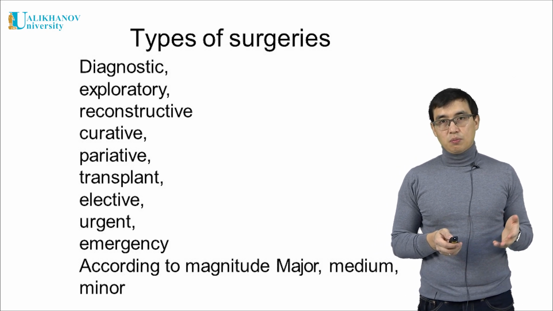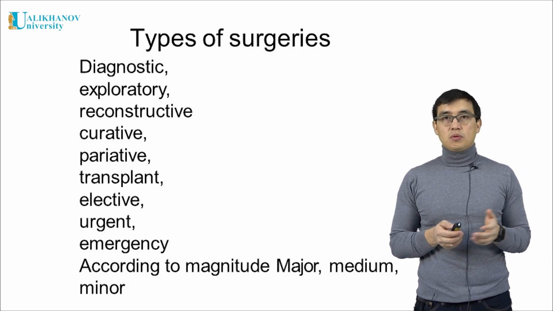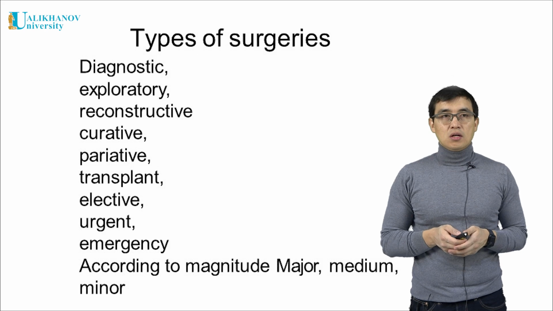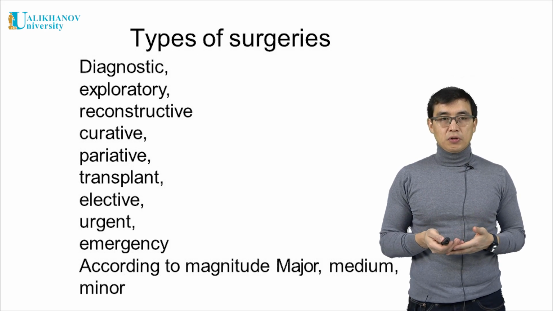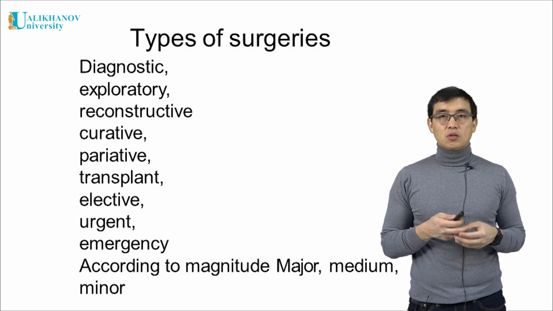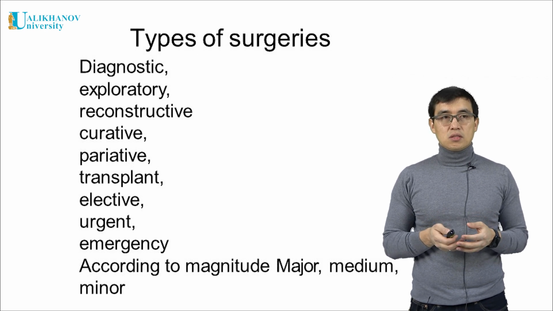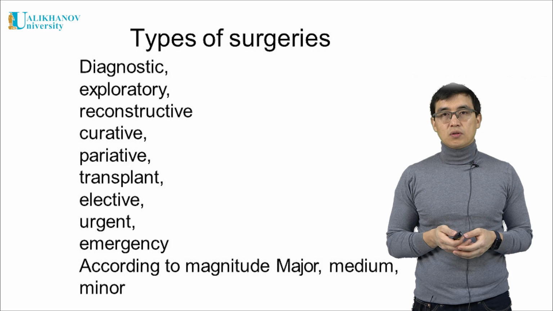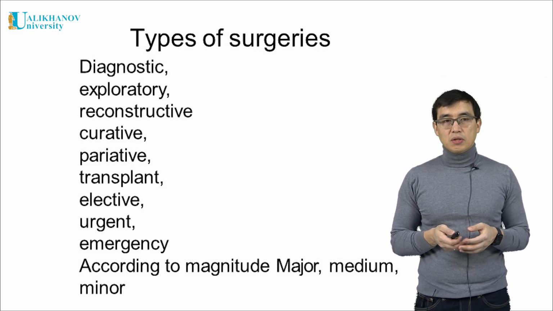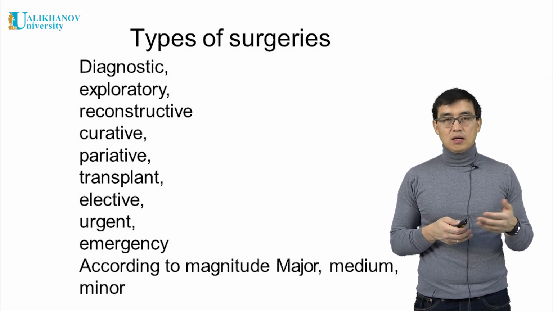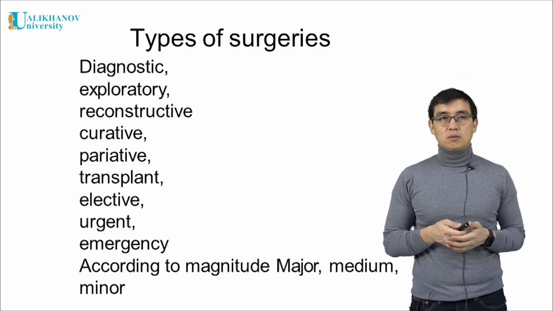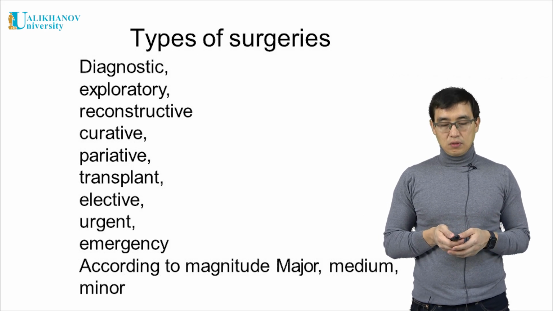Also, palliative operation is another type used in oncology. Especially, it's a type of operation where we cannot remove the main cause of this surgical disease, but we can help the patient have a good quality of life.